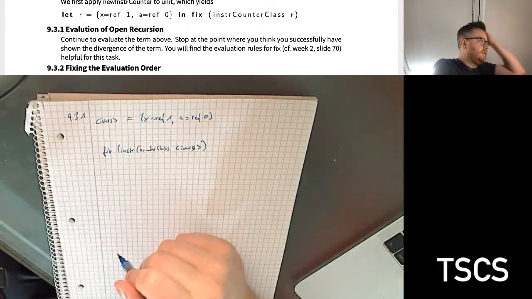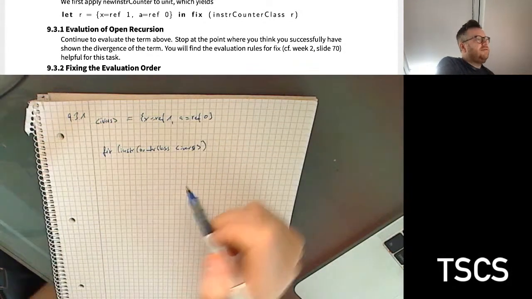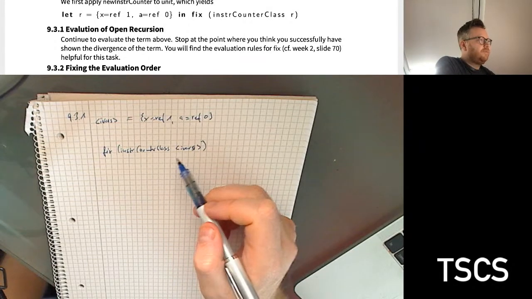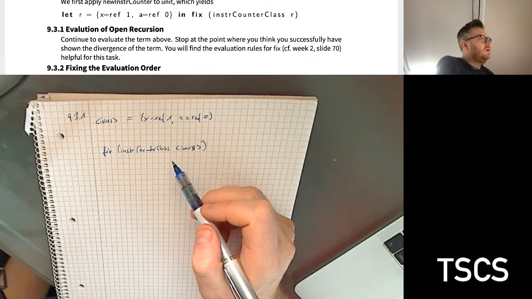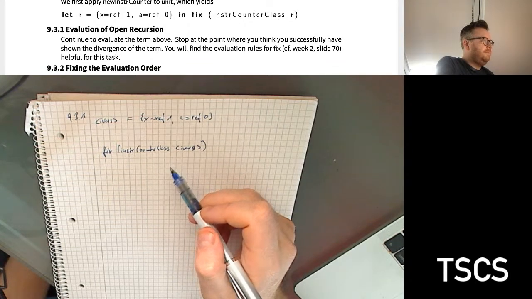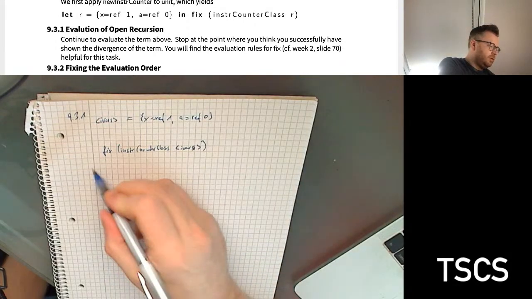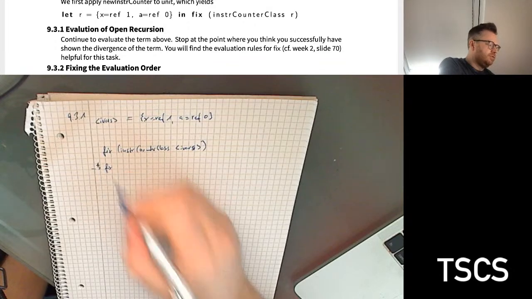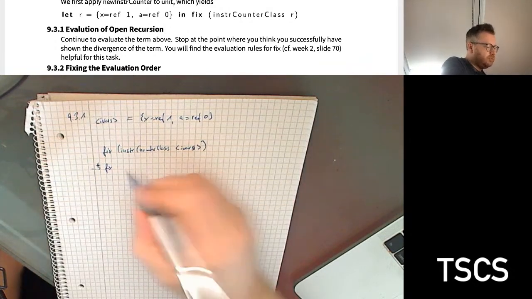When we pass IVARs to this instrumented counter class, this is the application that we have. So what unrolls then? Well, it's fix. I don't know if it's one step or two steps, so just write it like this so it works all the time.